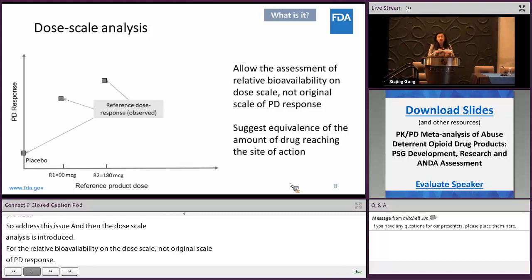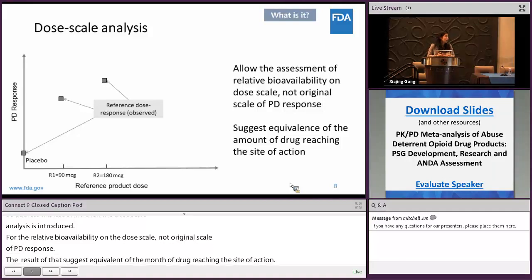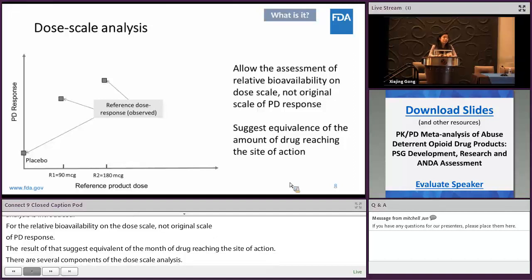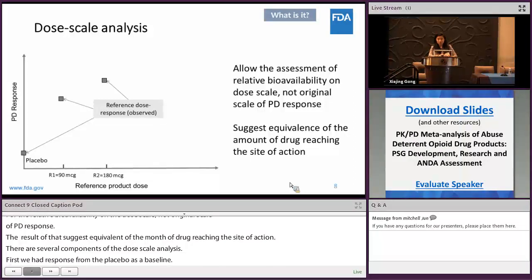So there are several components of DoseScale analysis. First, we have response from the placebo as a baseline, and then PD response from the reference product at the lower dose, and PD response from the reference product at the higher dose. From these, we could fit a dose response curve for the reference product.